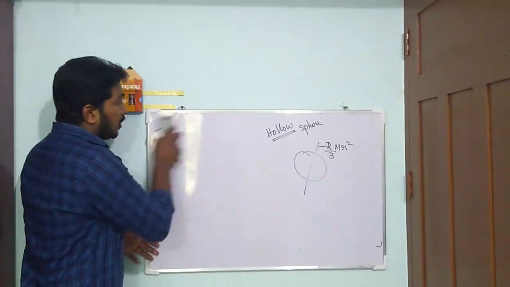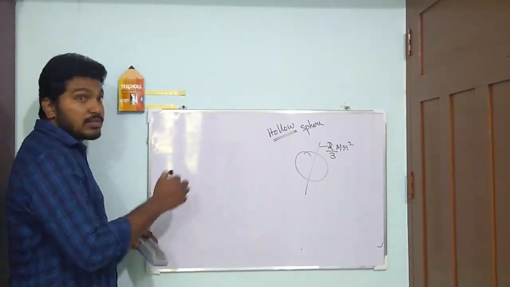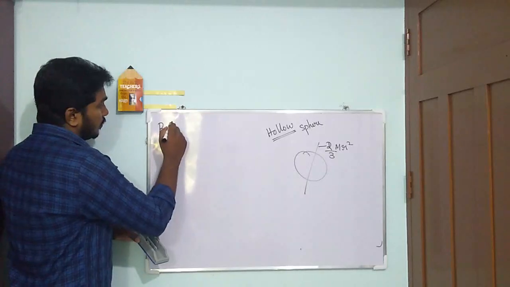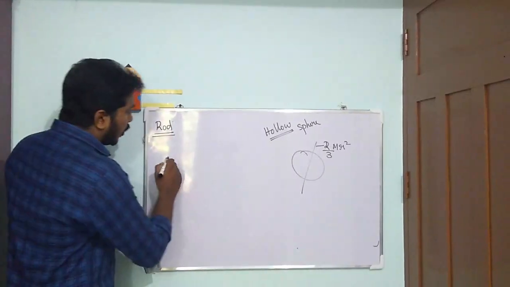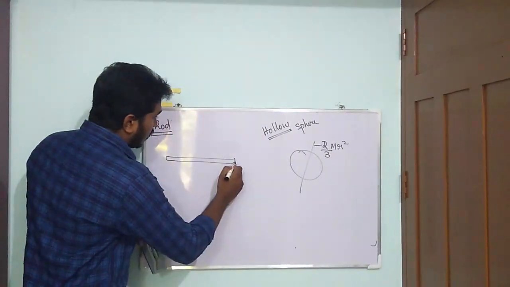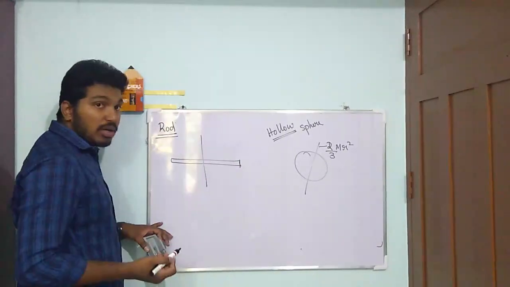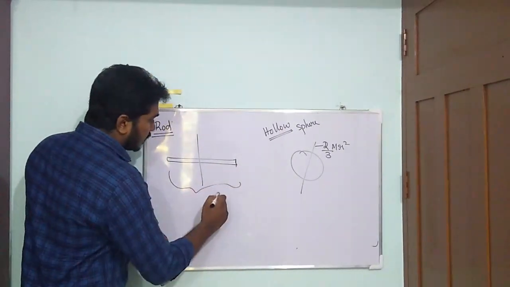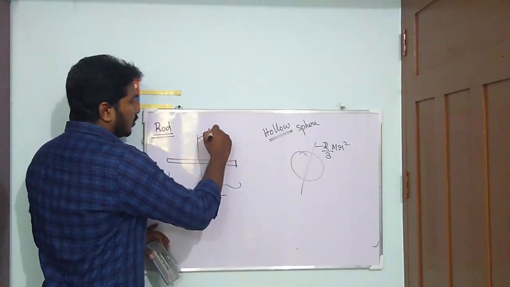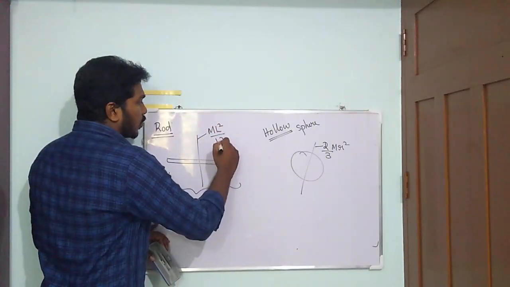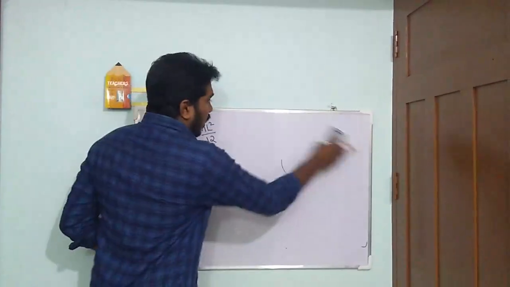Now, a very important thing, that's for a rod. A uniform rod. For a uniform, thin rod, about a central axis, suppose the length is L, so about this axis, the moment of inertia is given by mL² by 12.